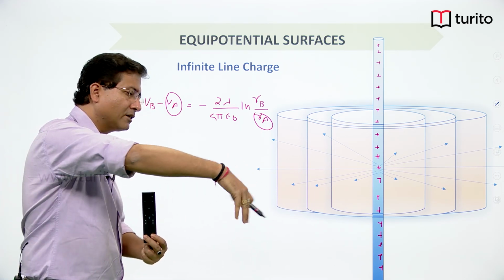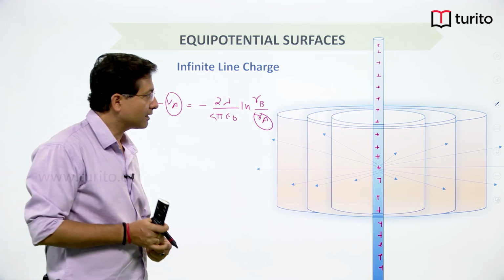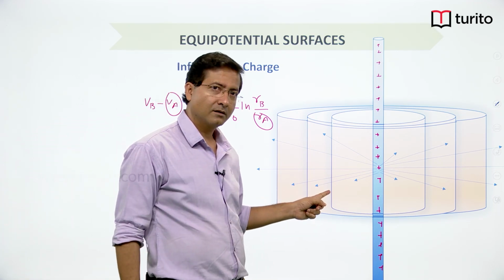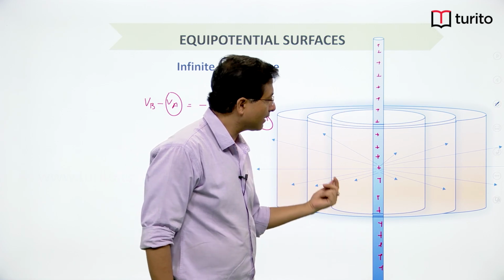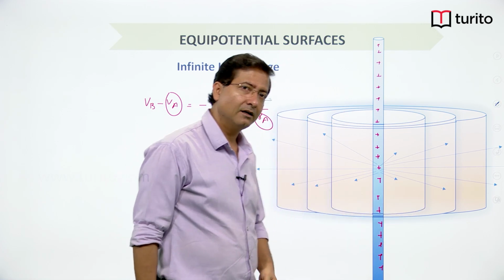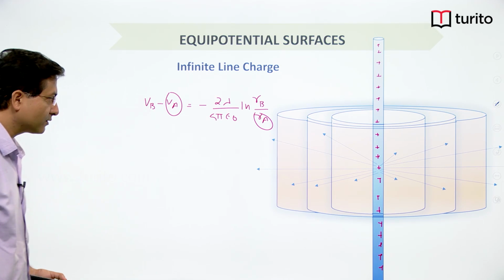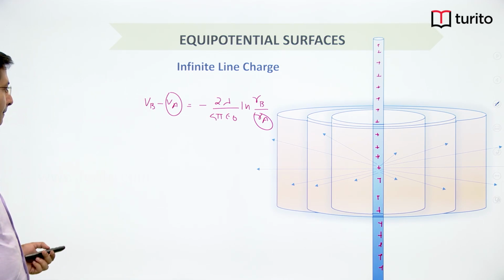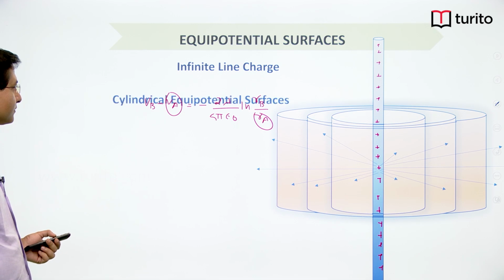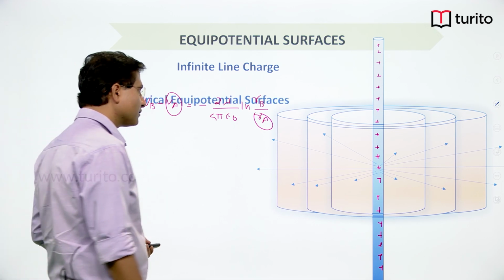If you join all these points, then you will get a cylinder. So, for an infinite straight wire you will get a cylindrical equipotential surface.